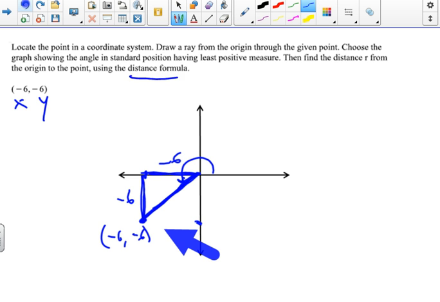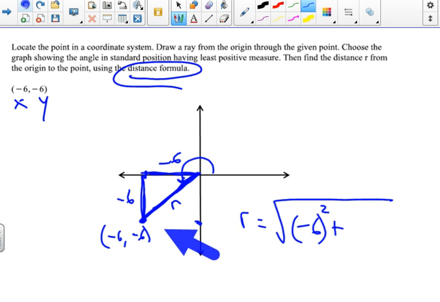Distance formula, it's just the Pythagorean theorem, which is all the distance formula is anyway. So in this case, if you see your right triangle, the r distance that they're talking about, that hypotenuse, is just going to be the square root of -6 squared plus another -6 squared.